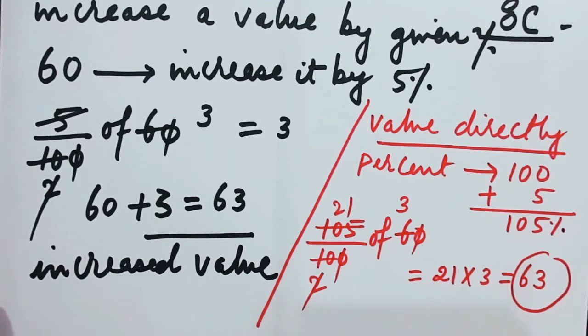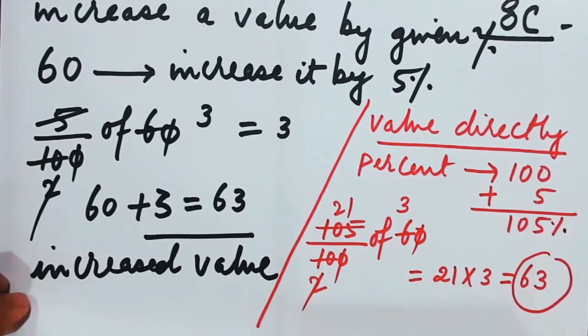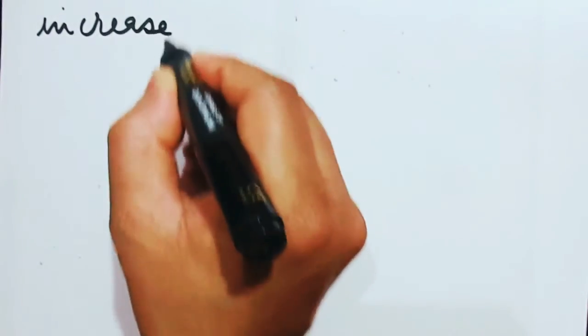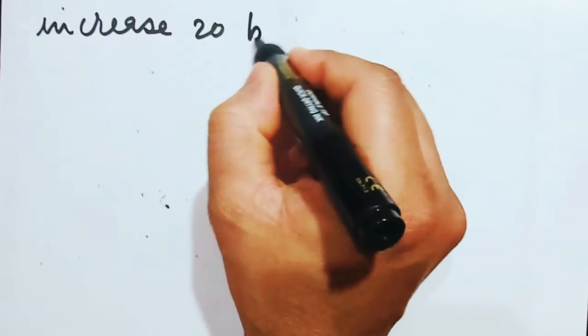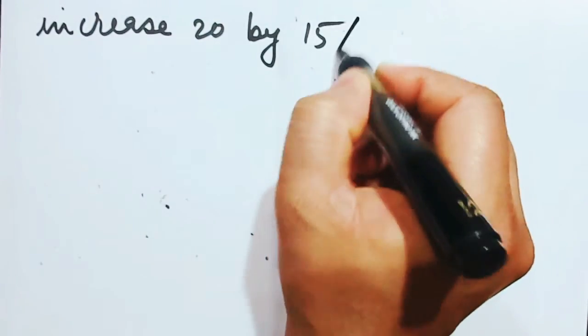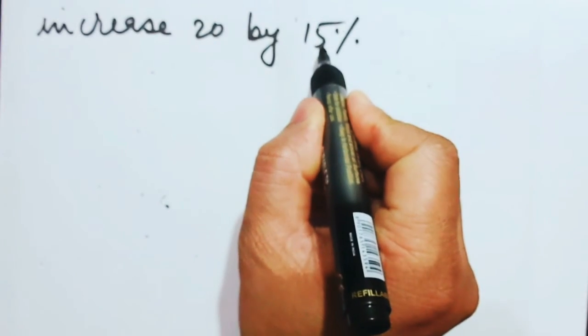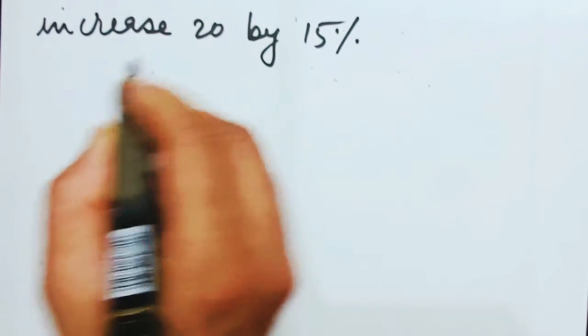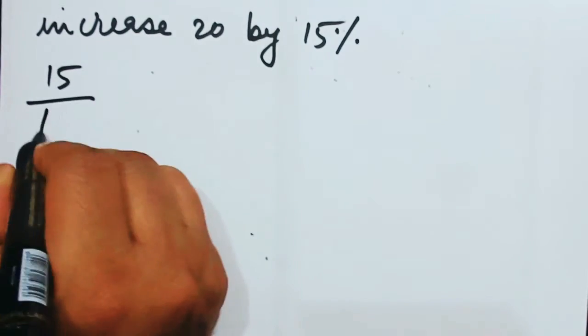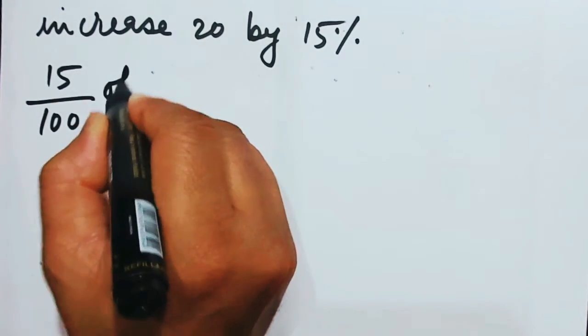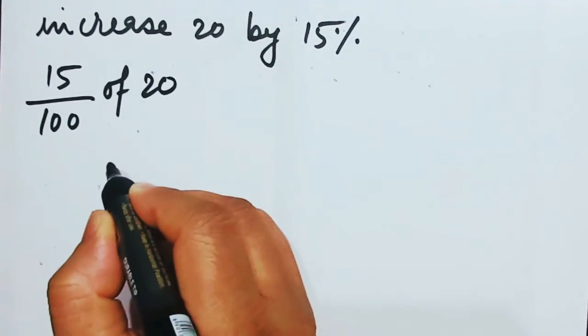Clear? For example, let us go to the other one, which states: increase 20 by 15%. This means first we will find out the 15% value of 20.